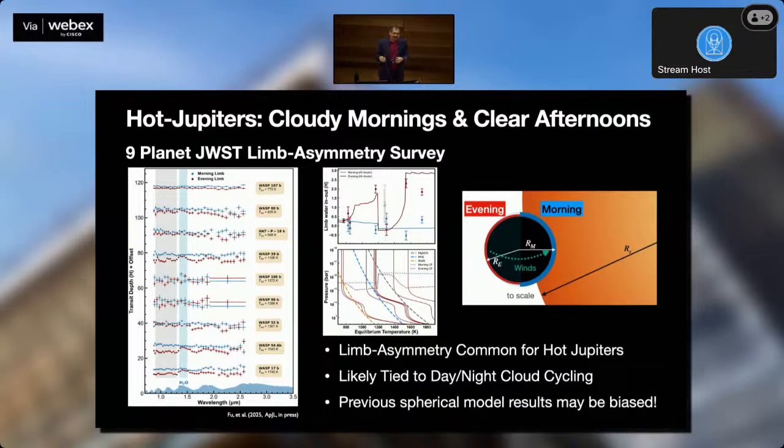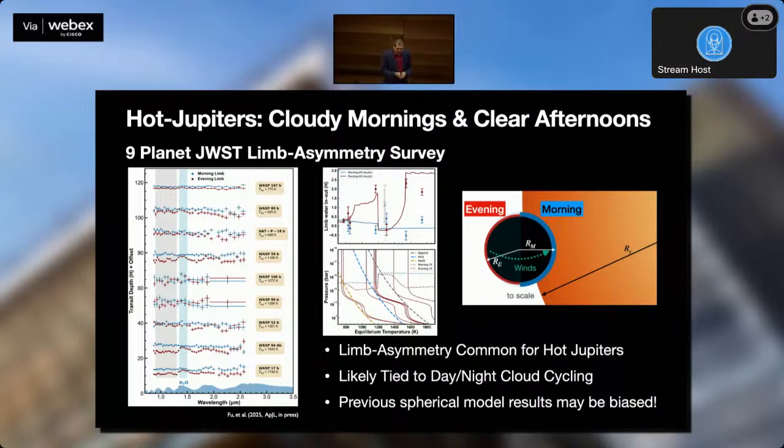And we think this is likely tied to the day-night cloud cycling, where on the day side it's hot, the clouds evaporate, they go over the evening where it's clear, and then on the night side they condense, are lofted to high altitudes, and basically cover the entire morning terminator in clouds.